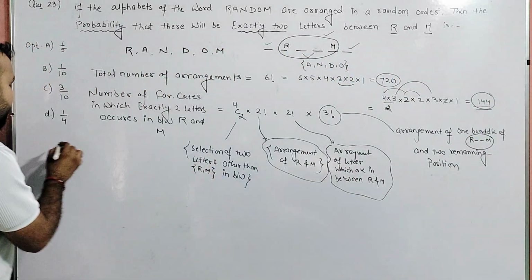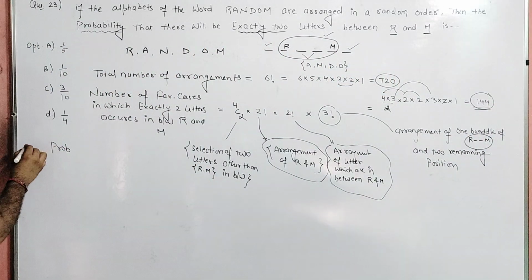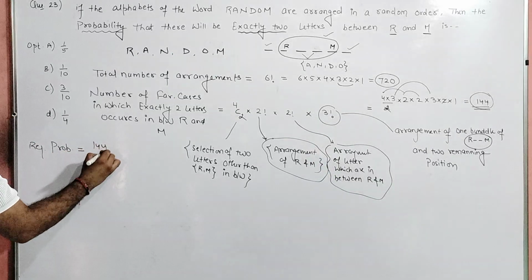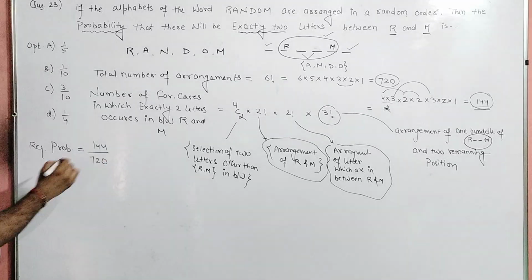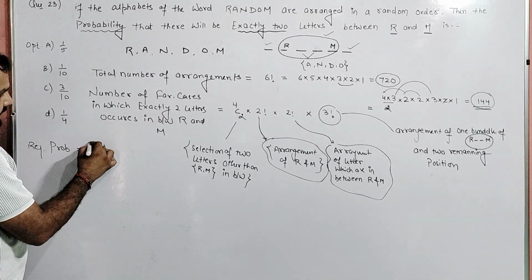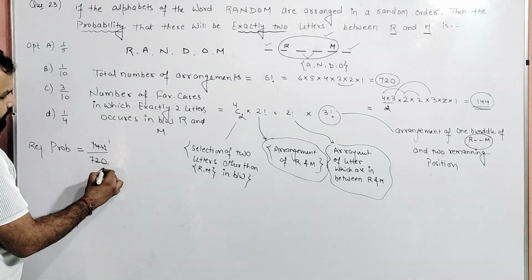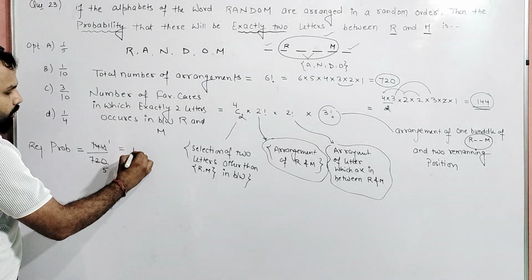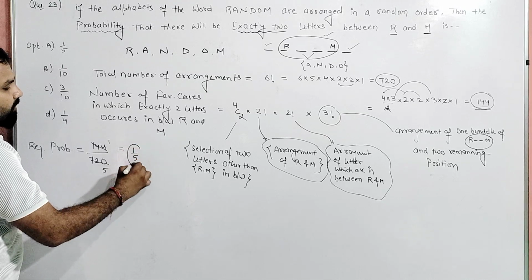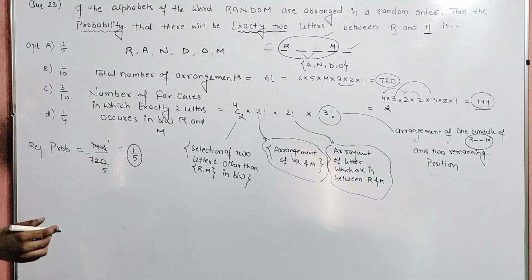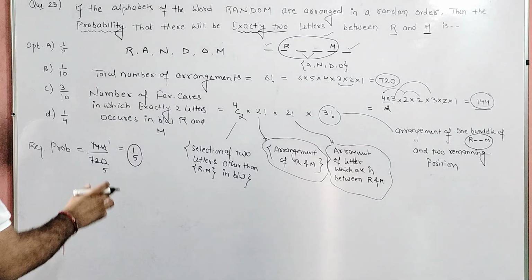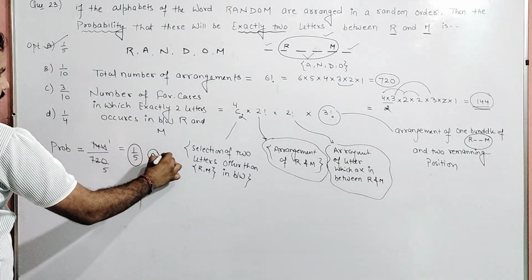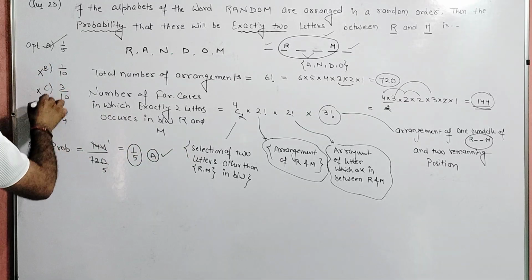So required probability is 144 divided by 720, that is 1 by 5. So our option A is correct and the remaining options are incorrect.